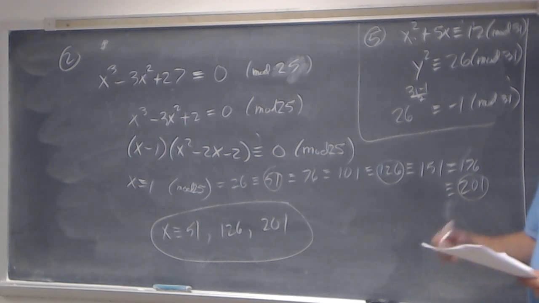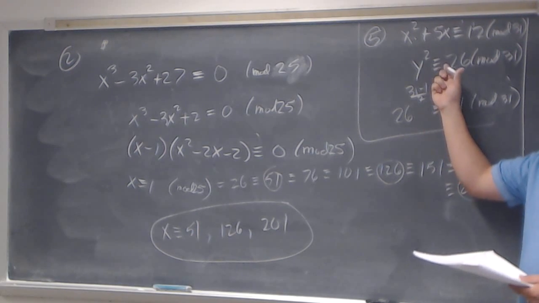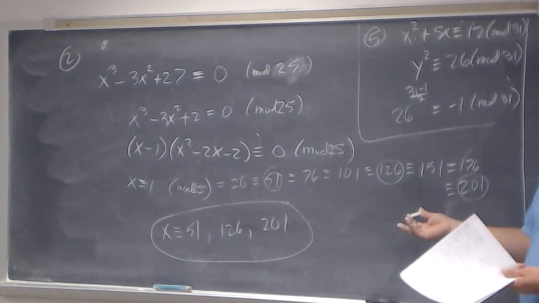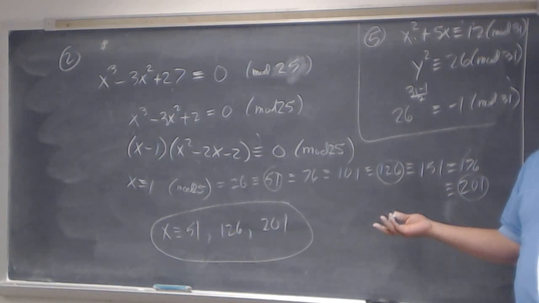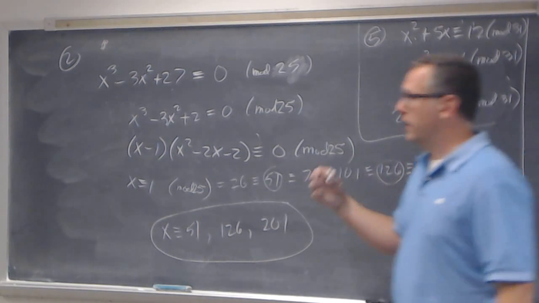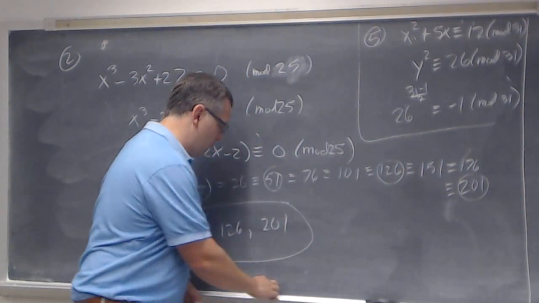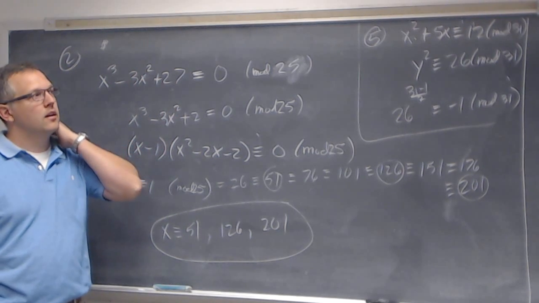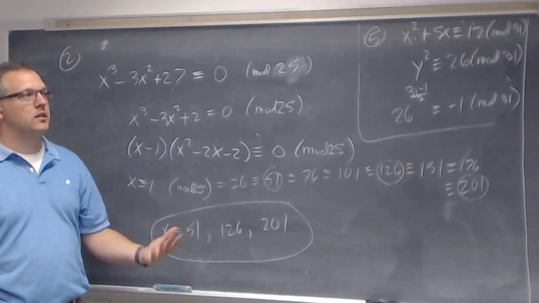Again, like number 5, basically you guys found all the quadratic residues mod 31, and you showed that 26 is not a quadratic residue. So that shows that this is not solvable. But think about, if you maybe wondered why these guys came up with these theorems, like the law of quadratic reciprocity.